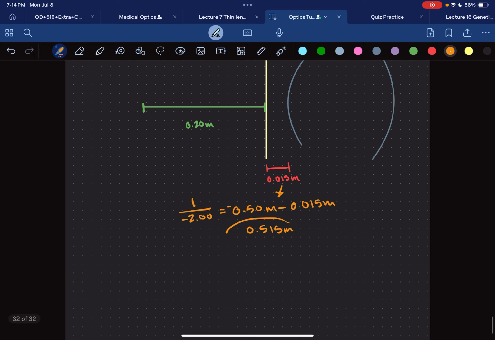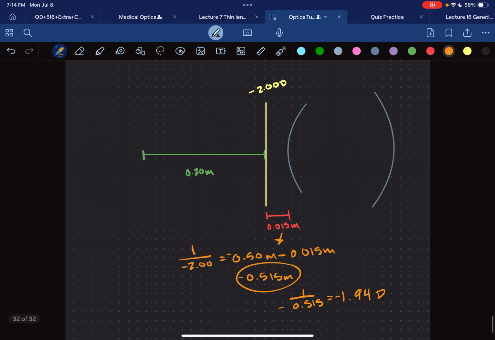Then we'll use that distance to figure out what the contact lens prescription is. So it's 1 divided by -0.515, and that's going to equal -1.94 diopters. So that is the prescription at the corneal plane.